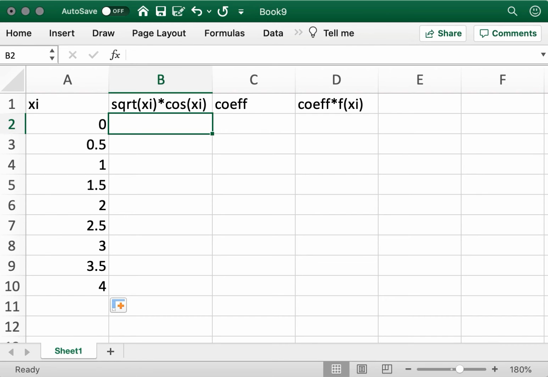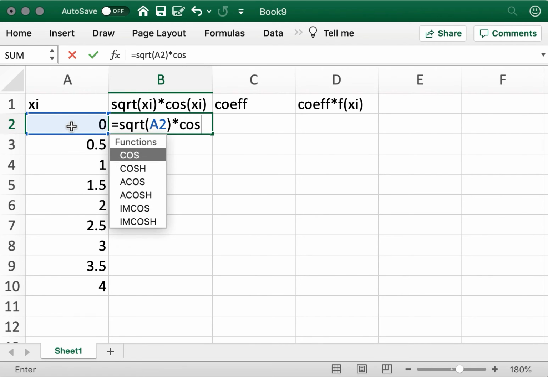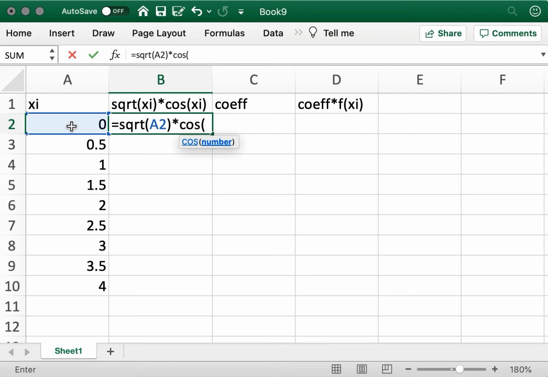Now, I want Excel to compute the square root of x sub i times the cosine of x sub i, depending on what x sub i is. So I'm going to type in equals, don't forget the equals sign. SQRT is how Excel knows to do a square root. Then I'm going to click in the cell on the left, close the parenthesis, times the cosine. Excel knows what the cosine is.